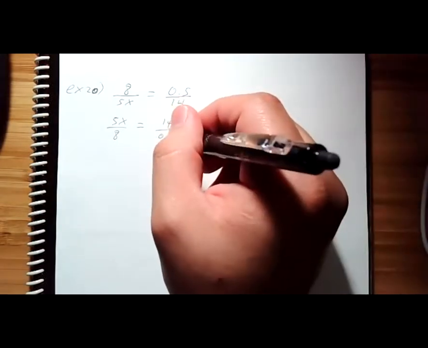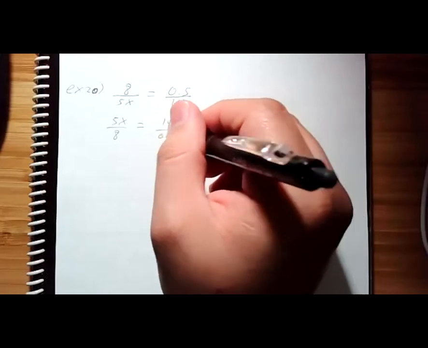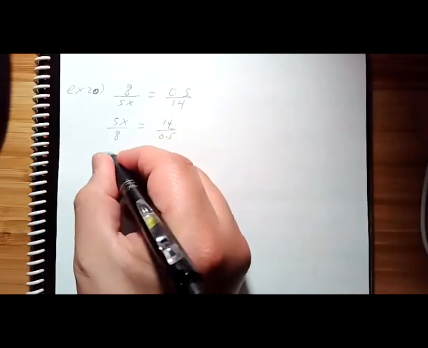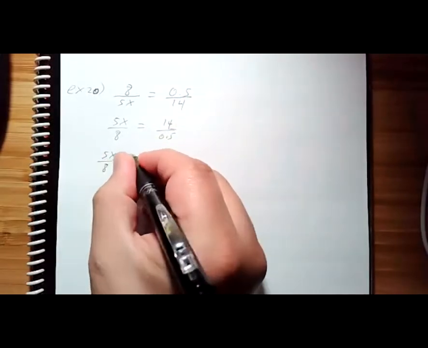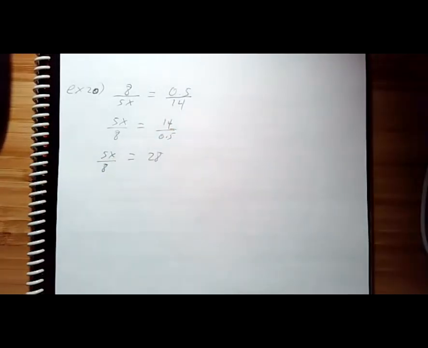Now 14 divided by 0.5, that's going to be 28. That's a fraction, right? Okay, so multiply both sides by 8.